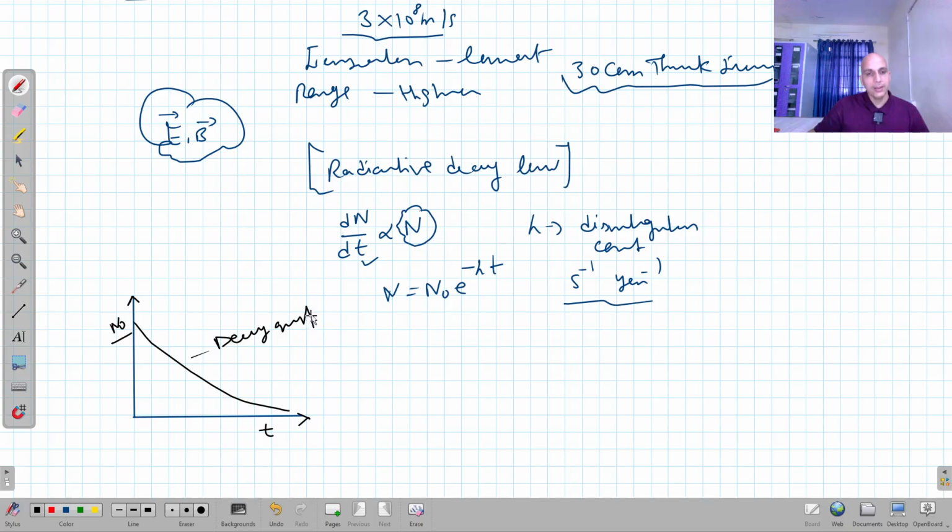You can see that this curve will touch this axis when time becomes infinity, right? Only then N will become equal to 0.